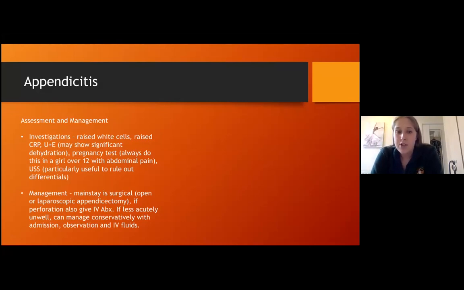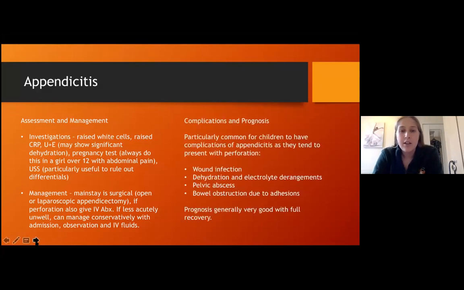If there's perforation, you should also think about giving IV antibiotics. If the child is less acutely unwell, you can manage conservatively and sort of watch and wait, give them IV fluids to resolve the dehydration, but generally you're going to be removing the appendix. It's particularly common for children to get complications of appendicitis that adults wouldn't necessarily get, and that's because they often will present with perforation.